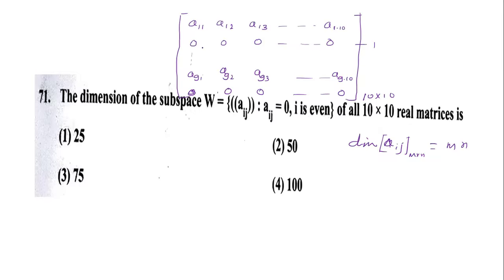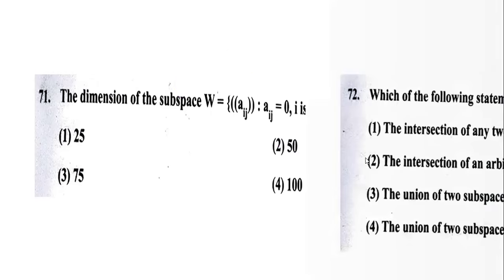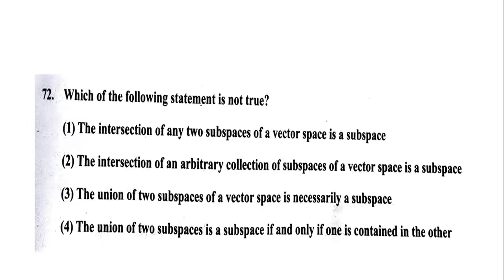Here 5 rows are 0, therefore its dimension is half of that. That means 100 by 2, that means 50. Simple question.